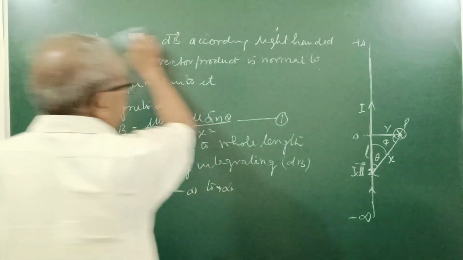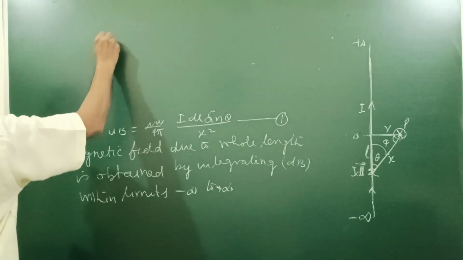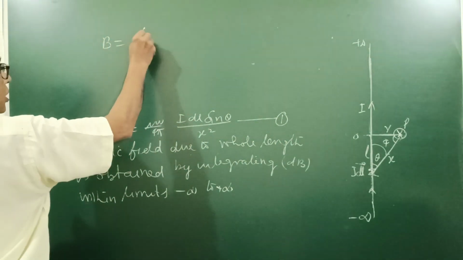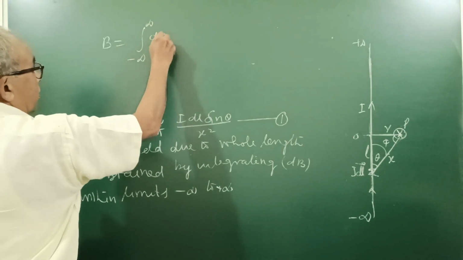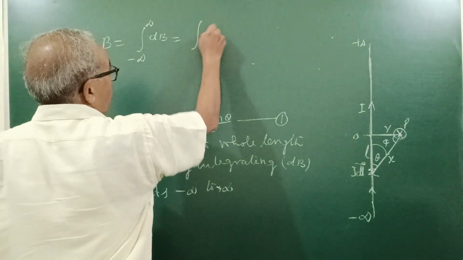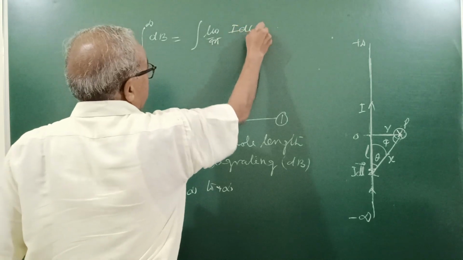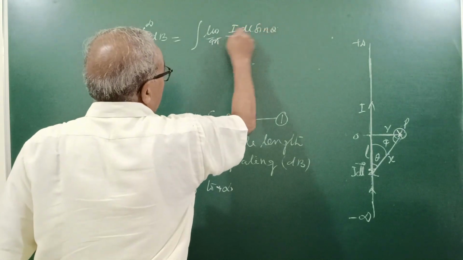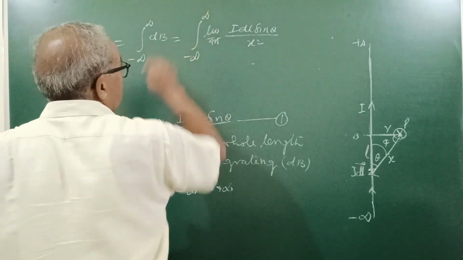That is, B is equal to the integration from minus infinity to plus infinity of dB, which equals mu0 upon 4 pi, I dl sin theta upon x square, from minus infinity to plus infinity.